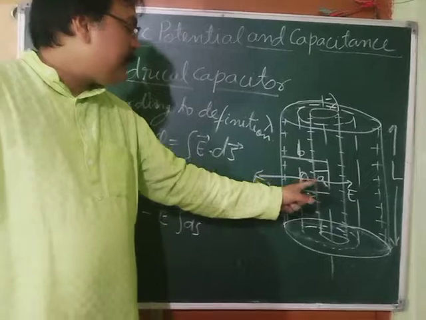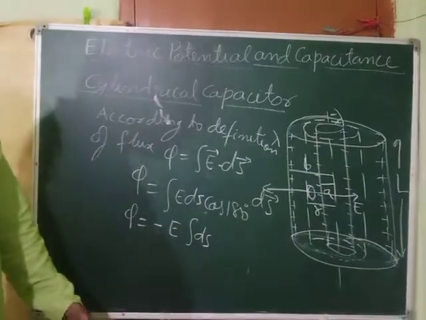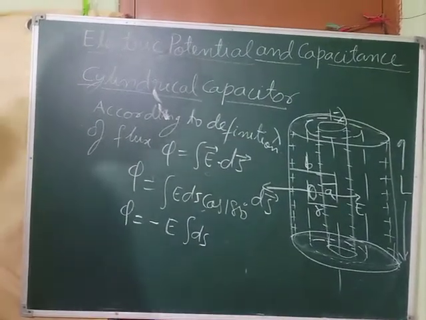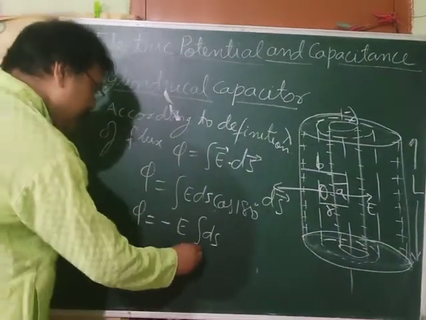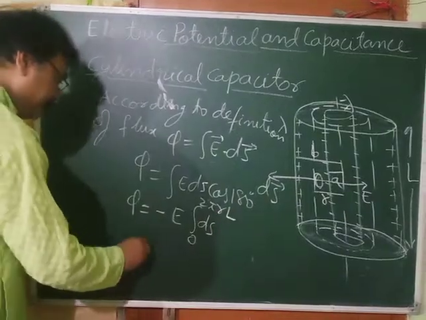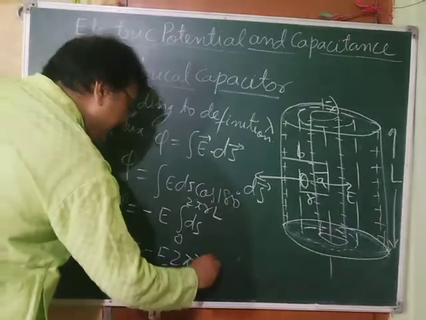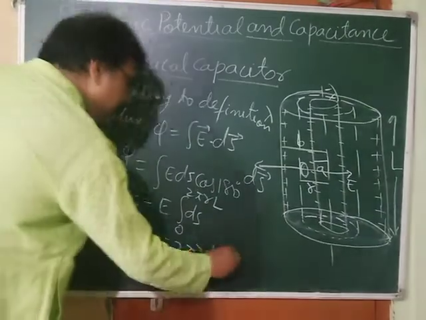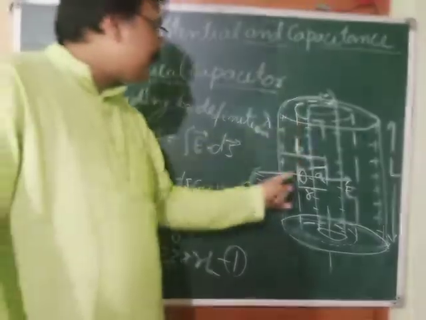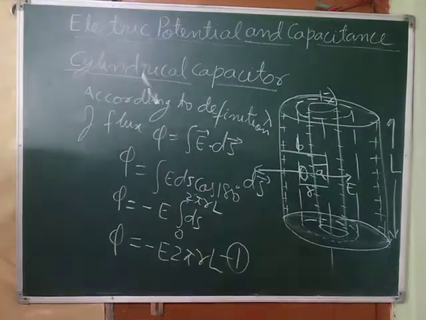It is 2 pi rL, because the surface area of a cylindrical surface is 2 pi rL, where r is the radius and L is the length. So minus E into 2 pi rL. This is our flux, our equation number 1. Again, the minus sign indicates that the flux is entering the Gaussian surface, not coming out. That's why it is minus.